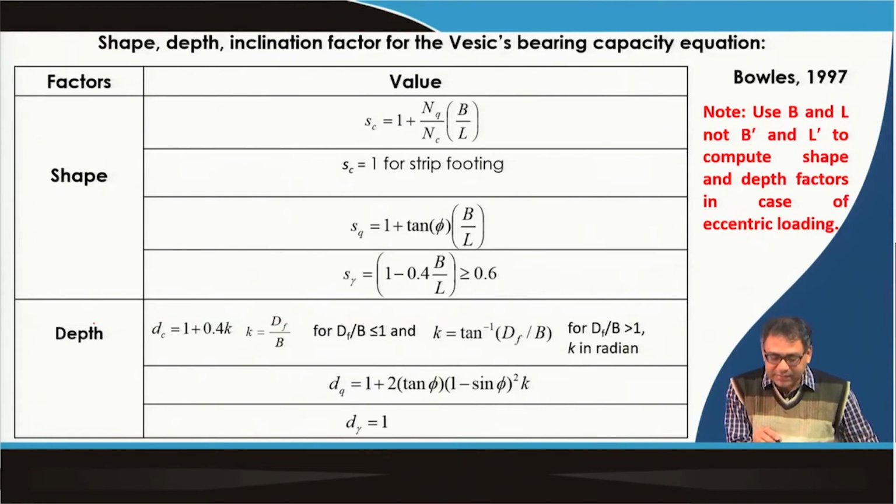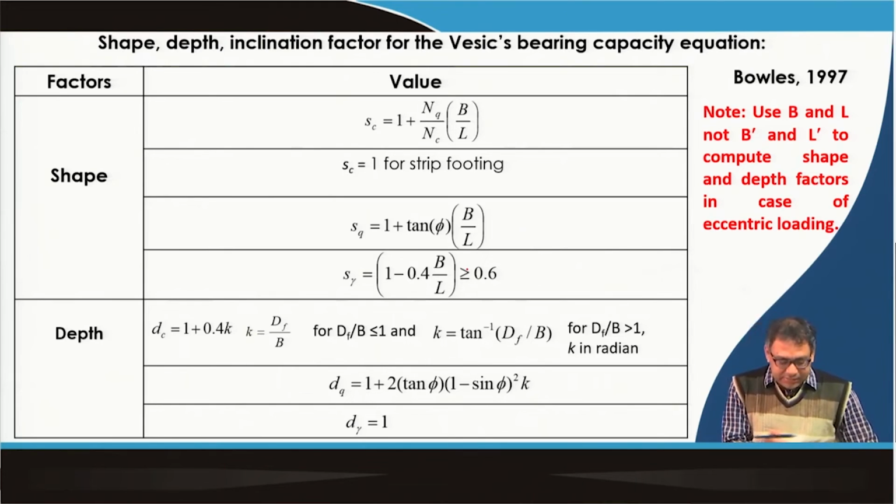So, the Sc value you can calculate by using this value. Then Sc is 1 for strip footing, because all the shape factors are 1 for strip footing, and Sq we will get by using this equation, S gamma we will get by using this equation, and again S gamma should not be less than 0.6.